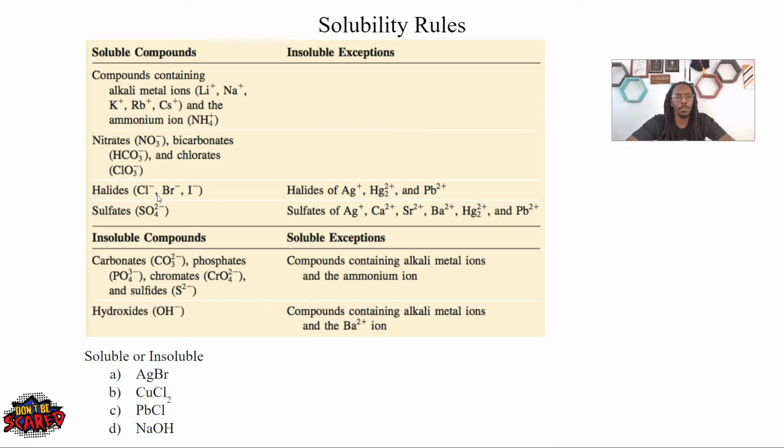Normally it's soluble, but it's with copper. Is this part of the exceptions, Ag, Hg, Pb? No. Because it's not an exception, this is going to be a soluble compound. If you got B right, give yourself a round of applause. Now let's look at another one.